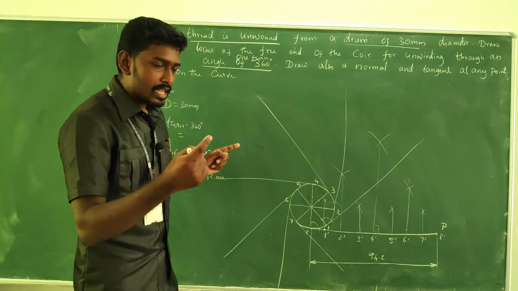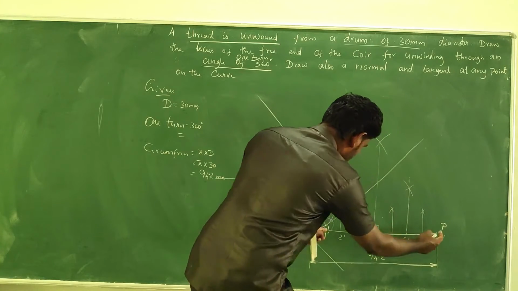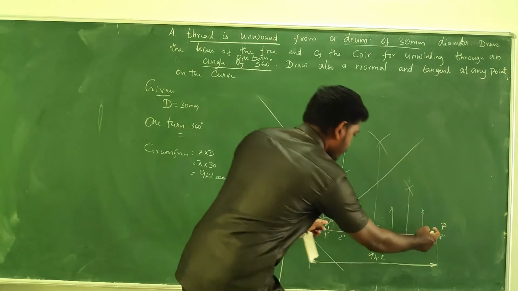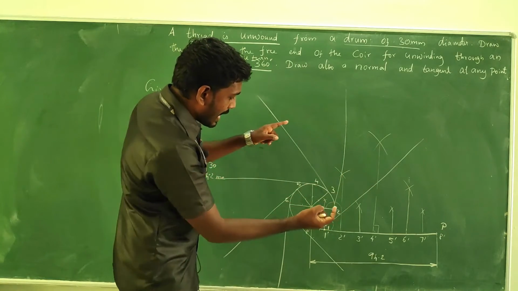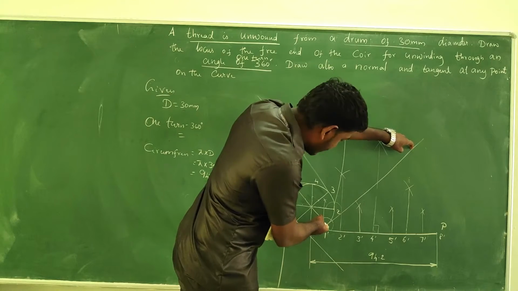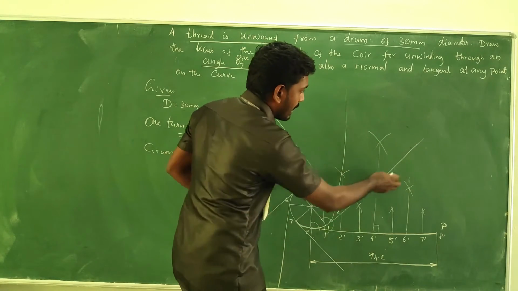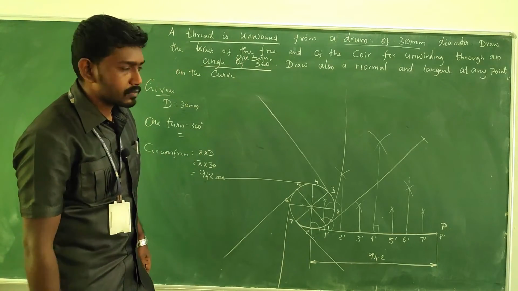So for that, take the compass and measure from P to 1 dash, and keep it at point 1 and make a cut mark in the tangent line.